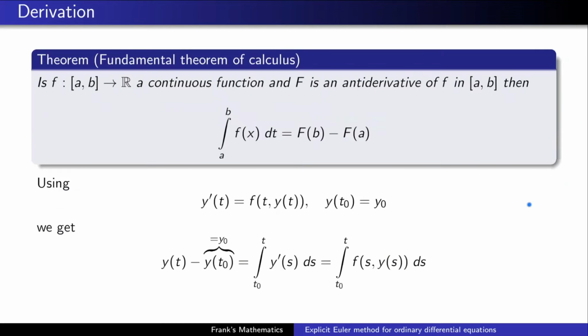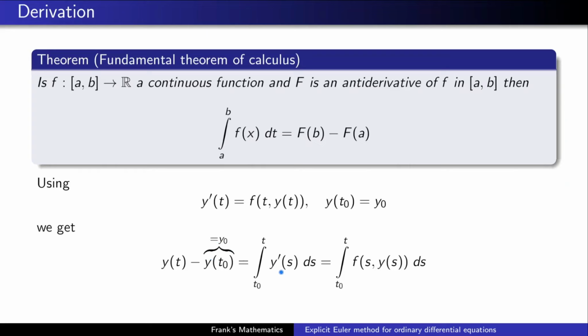Well, we just have here our ordinary differential equation, and together with the initial value, we have our initial value problem. And we just integrate them. We start here: we integrate over y prime from t0 to t. Using the fundamental theorem of calculus, we achieve on the left-hand side just y(t) minus y(t0), which by definition of the initial value is y(t) minus y0.